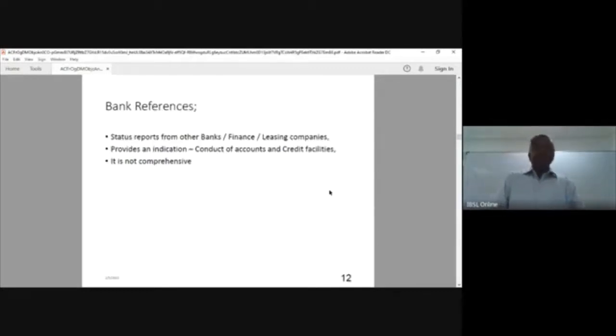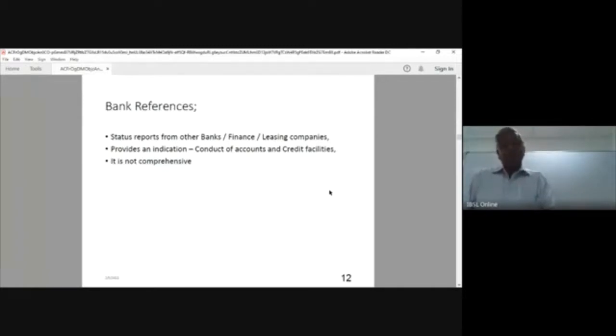Then the bank references. We call it a status report from other banks, finance companies, leasing companies. Actually, we were collecting this in those days.